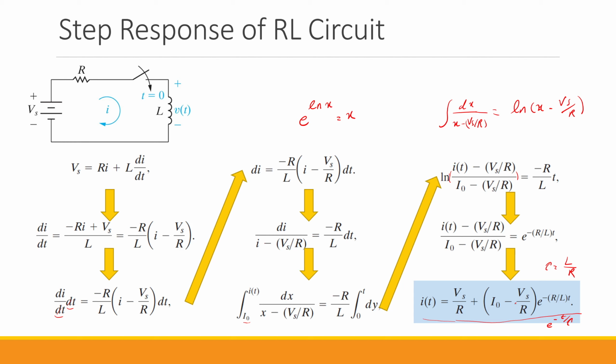One other thing that you might notice is when you take t to infinity. So when t goes to infinity, this exponential term goes to 0, which basically takes this whole second half to 0, and then the current only becomes Vs over R. So it looks as if the inductor is not there anymore.